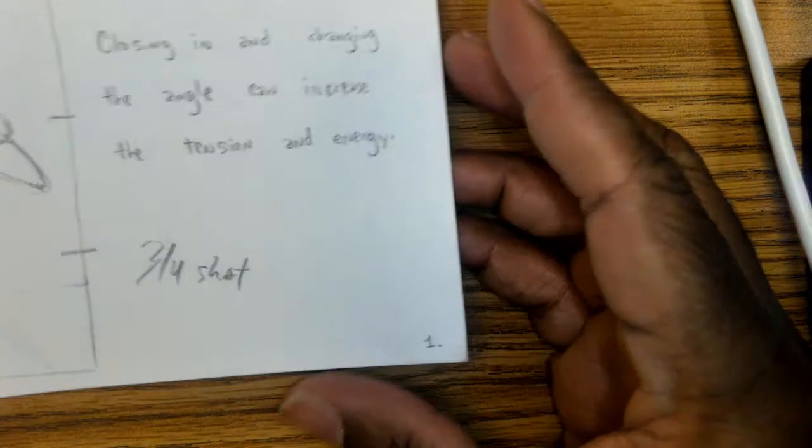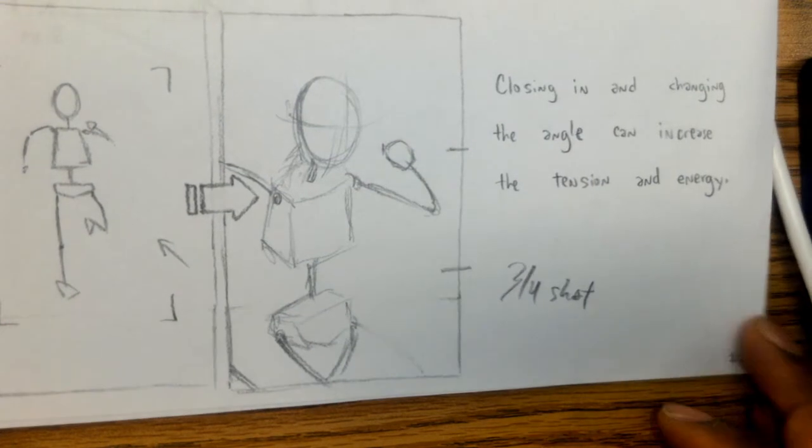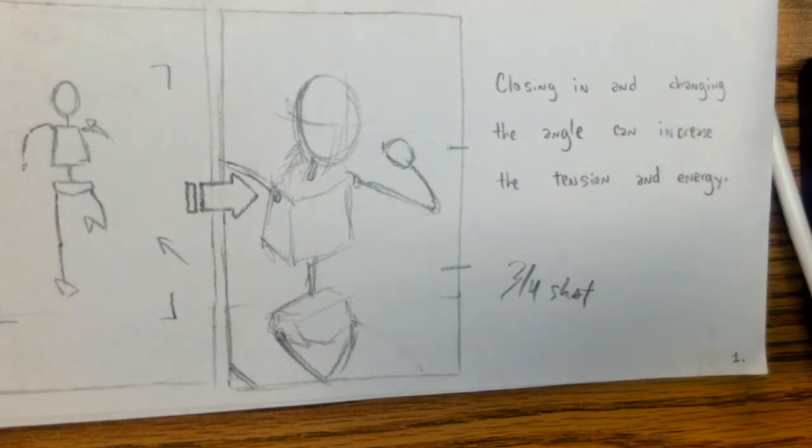Okay. So the ways you can change the angle. Generally speaking, a 3/4 shot is going to be almost as dynamic as a full shot. Clearly the anticipations here.